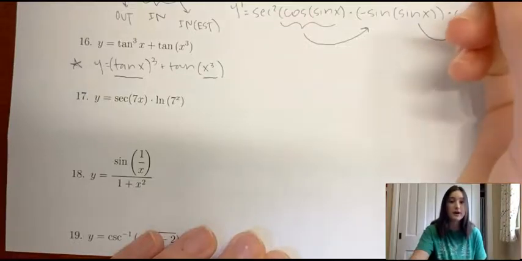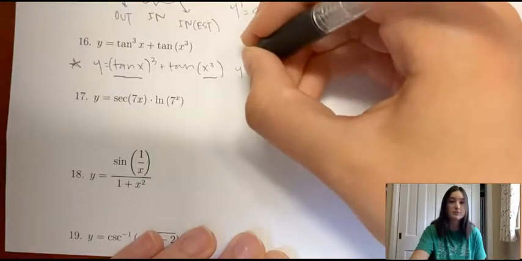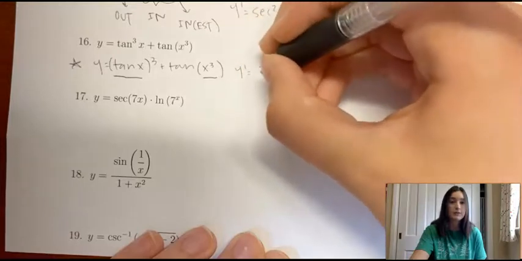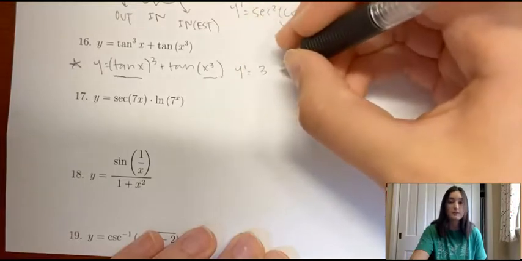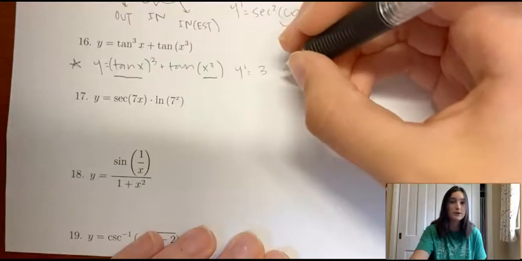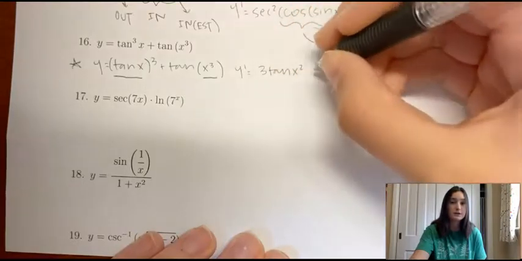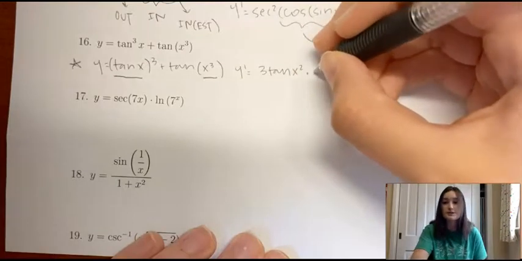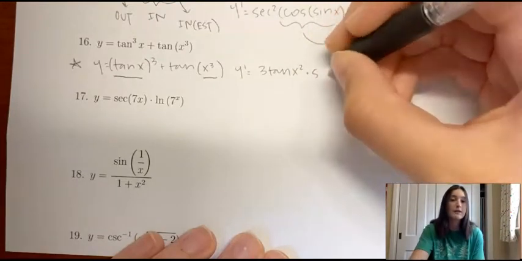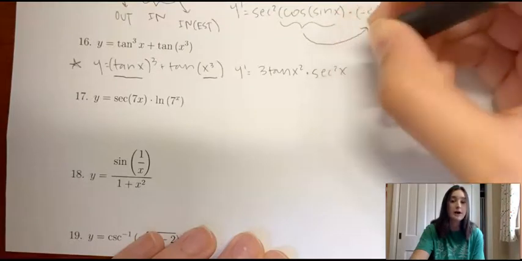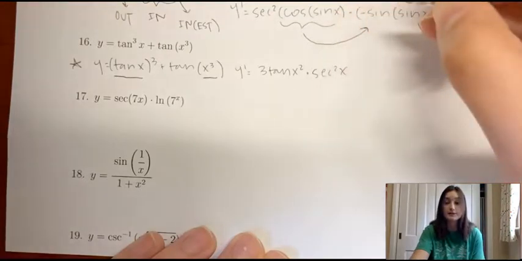So you just have to make sure that you're careful about that before you start working through it. And then once you rewrite it, I think it's a pretty simple chain rule problem where you're going to do y prime equals, do the power rule with the 3 times tan x squared. I should have put some parentheses there to make it clear. And then you're going to multiply by the g of x here, which is the tan x, so the g prime is secant squared x.